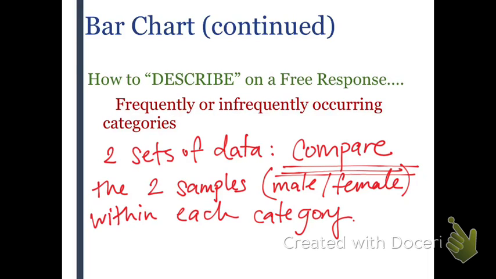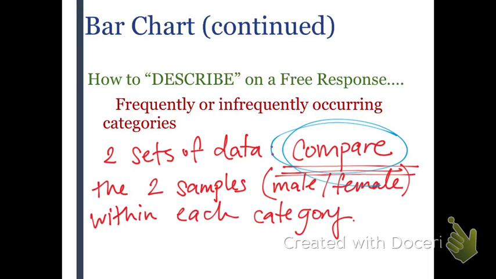Now, compare words. The reason I'm so picky about this is because "while" is not a compare word. So if you said 40% of males prefer vanilla, while 30% of females prefer vanilla, while is not a comparison, and they will not give you credit for it.